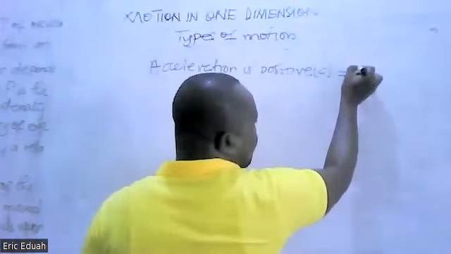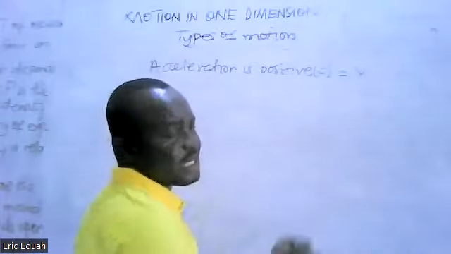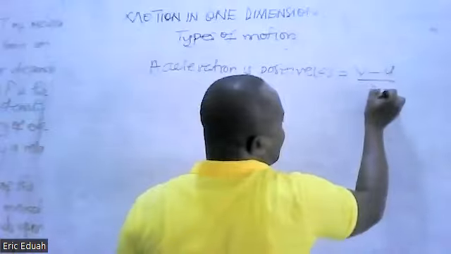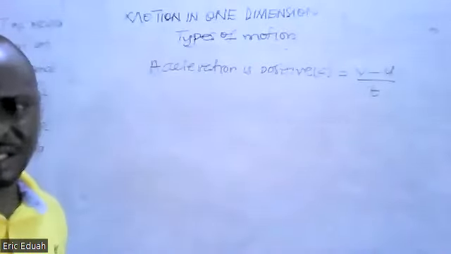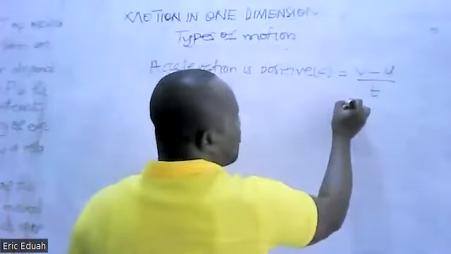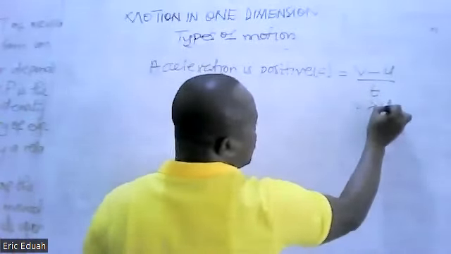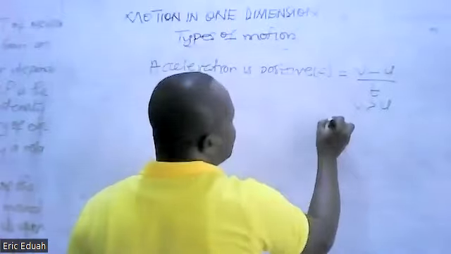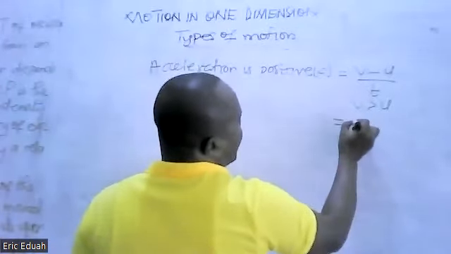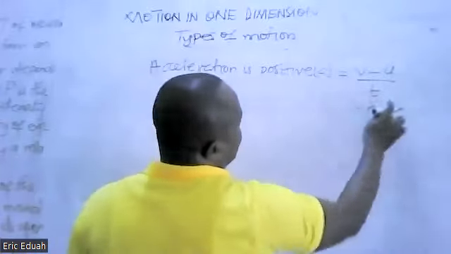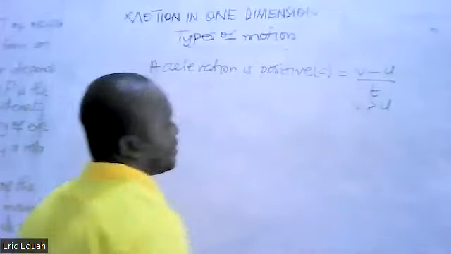So v, the final velocity, minus the initial velocity u, divided by time will give us acceleration. Because v is greater than u, you have acceleration as a positive value.